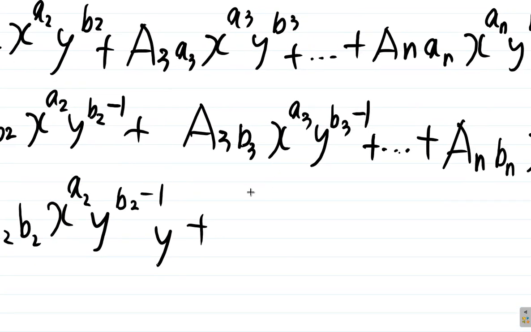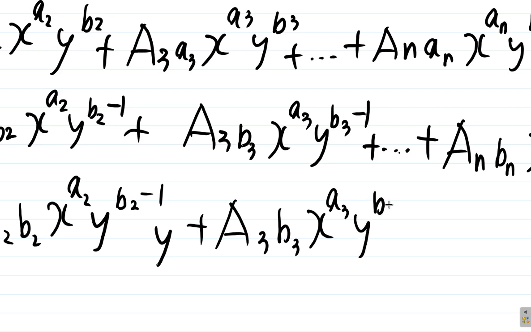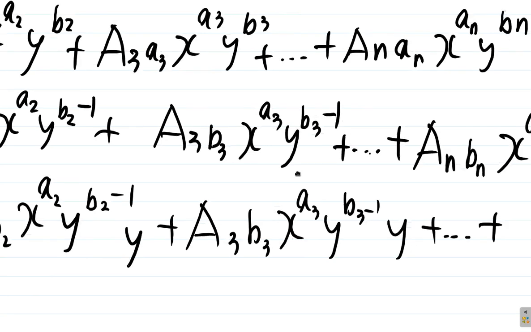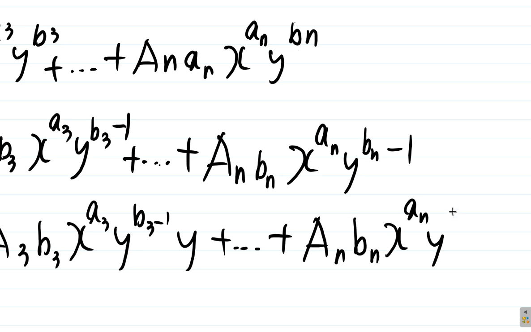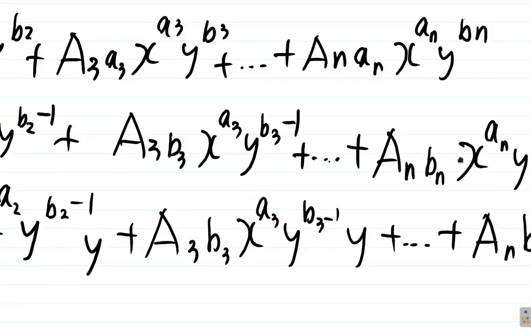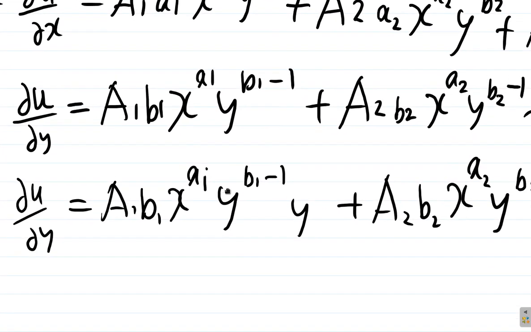Then this is a3 b3 x to the a3 y to the b3 minus 1 times y plus, and so on and so forth, plus, and the last term is going to be an bn x to the an y to the bn minus 1 y.